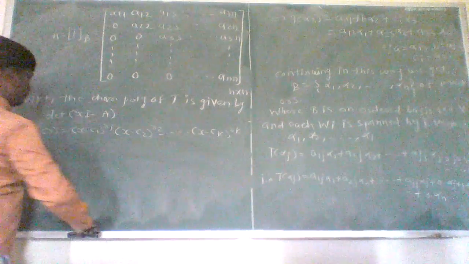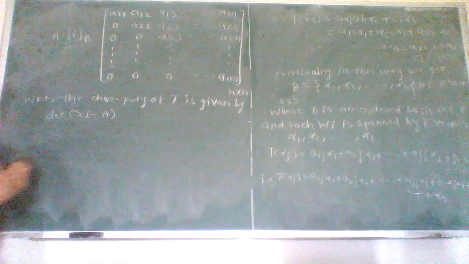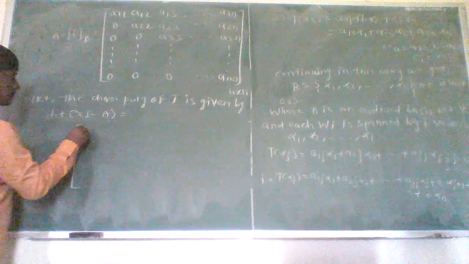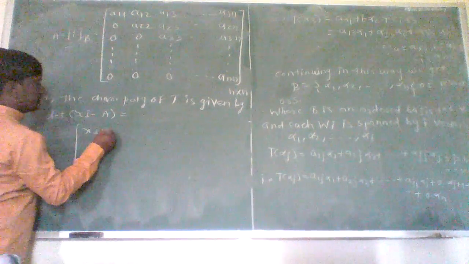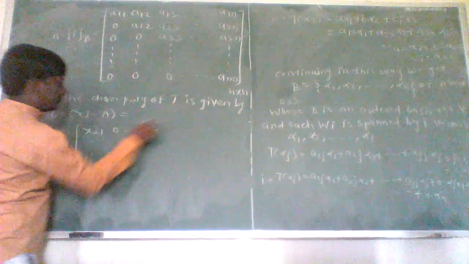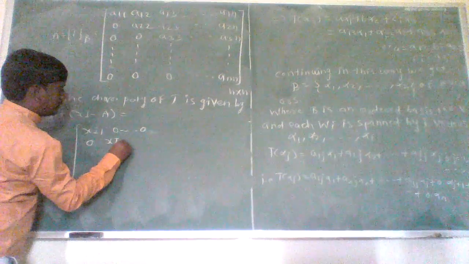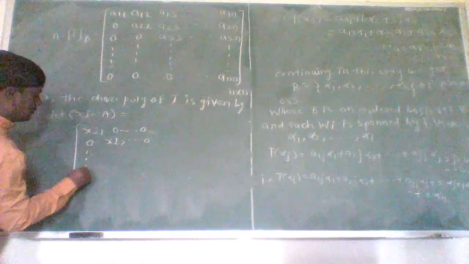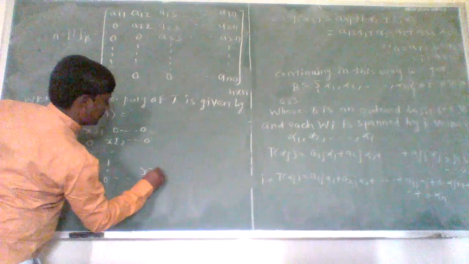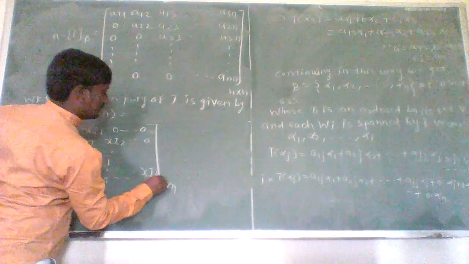Actually, we can find this out from the previous theorem, or here, as we use the triangulable matrix, find the determinant of xI minus A. Here xI is nothing but x into I1, x into I2, and so on, a square matrix of order n cross n.